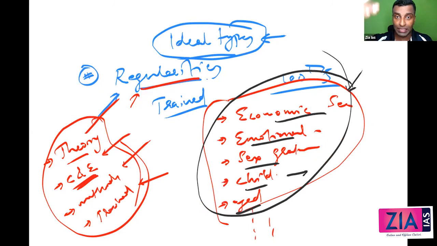It may be a combination of two, three or even four. So this is what an ideal type is. Now the construction of ideal types and the way you ensure objectivity, I'll explain with the PDF. Let's get into the PDF. Whatever you need to write in your paper, I'll tell you there.